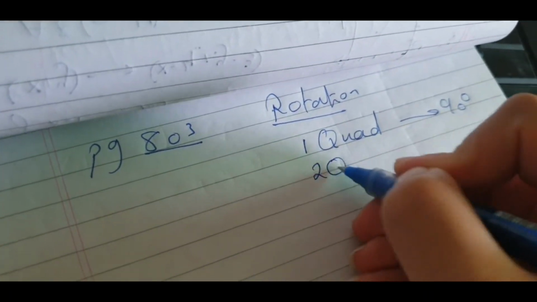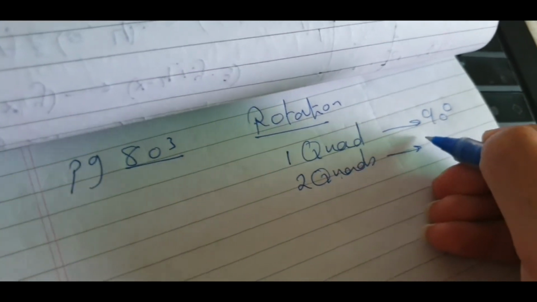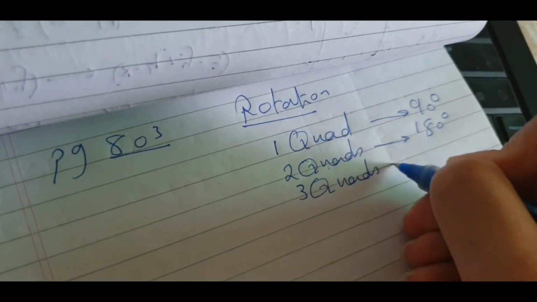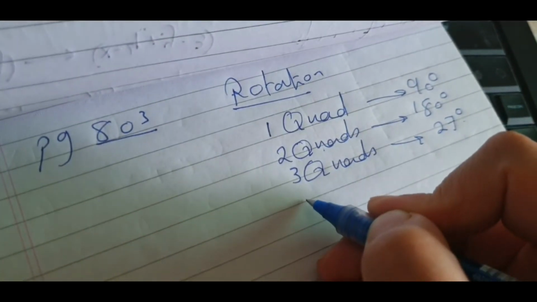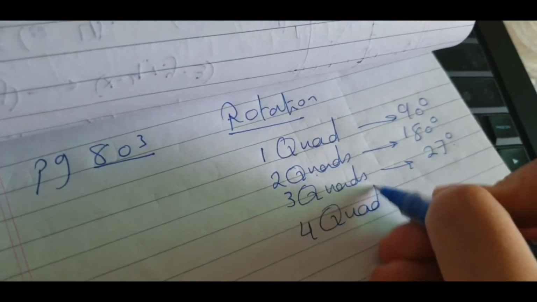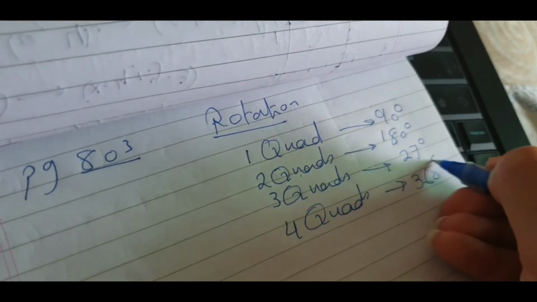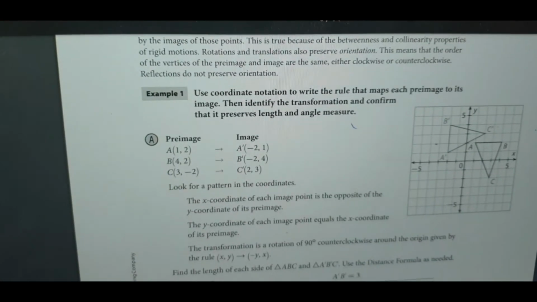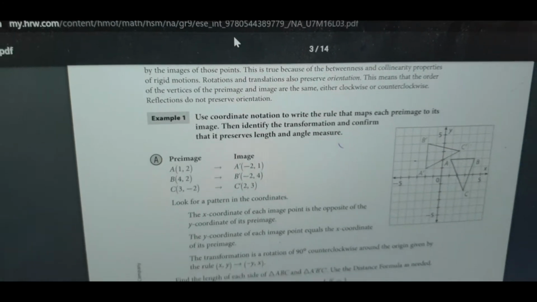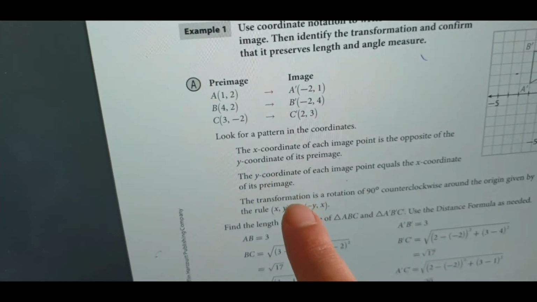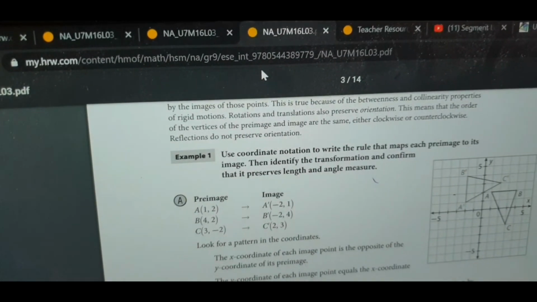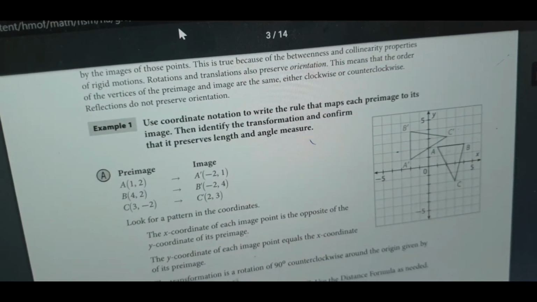Two quads, so this is 180 degrees. Three quads, so this is 270, and 4 quads, this is 360, because moving 360 degrees, the object will remain as it is. Anyway, we identified the transformation. So as it's written here, I identify it's a rotation of 90 degrees counterclockwise. Let's try to find the rule itself.